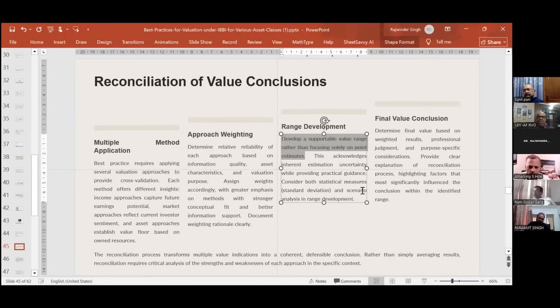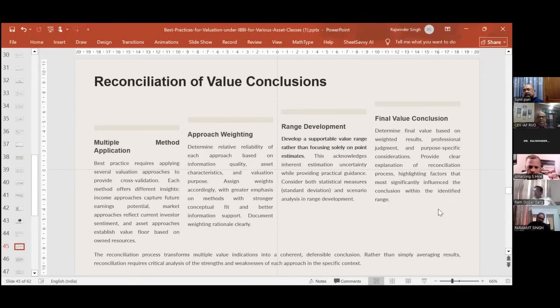How can this final value be computed? Determine the final value based upon weighted results, professional judgment, and purpose-specific considerations. Provide a clear explanation of the reconciliation process, highlighting factors that most significantly influence the conclusion within the identified range.